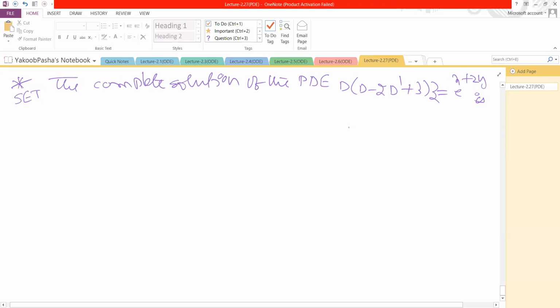Complete solution means we have to find the complementary function as well as the particular integral. Okay, now first I'm taking the homogeneous equation.